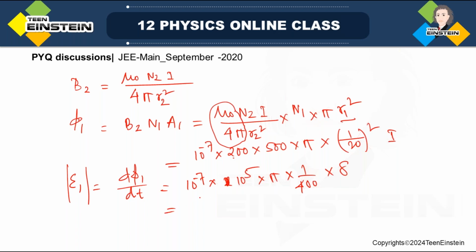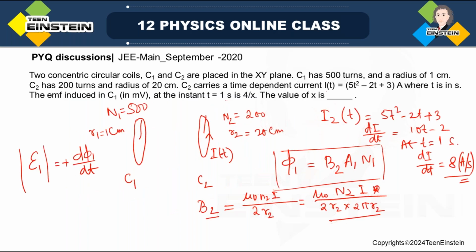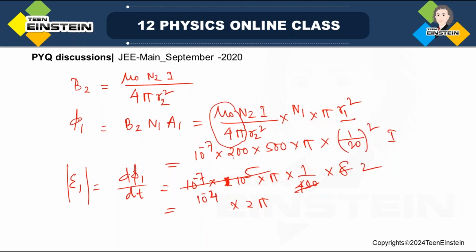So you'll have here 10 to the power minus 2 coming up, so 10 to the power minus 4 divided by this. I have already done the calculation. This also is done. So I am getting 2 pi into 10 to the power minus 4. I have to check 4 by x.